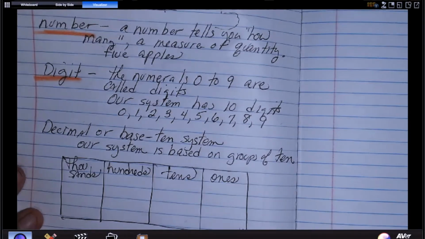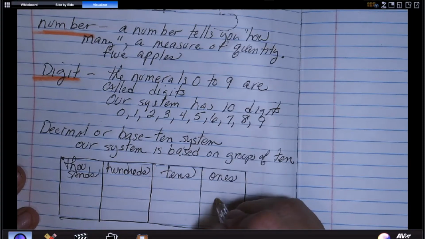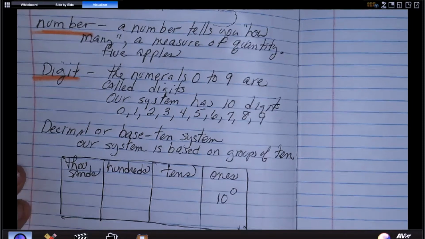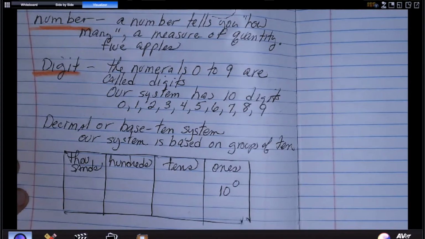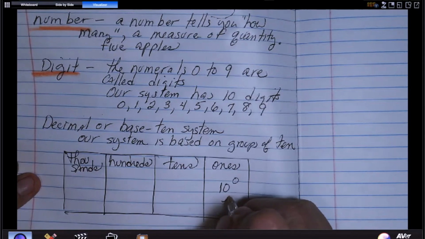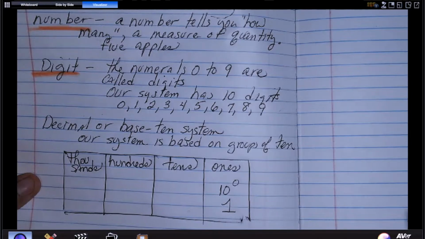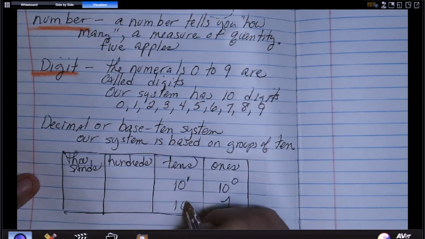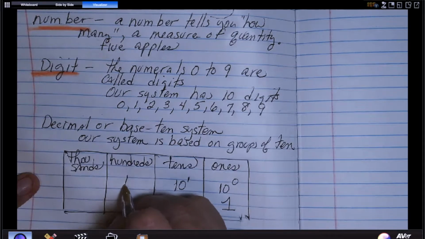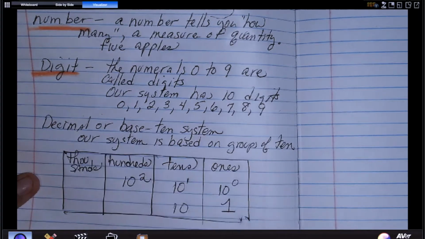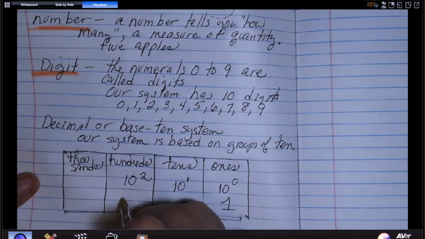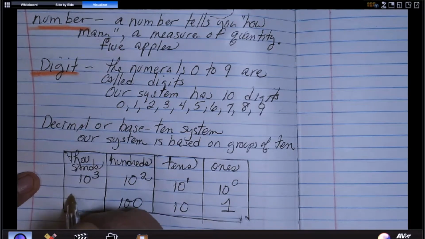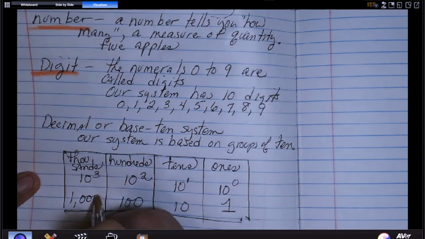So if we're looking at base 10, we know that 10 to the 0 power is 1. We learned that in college algebra. We will not teach that to our elementary students. We just tell them 1. Then we have 10 to the first power, which is 10. We have 10 to the second power, which is 10 times 10, or 100. And then 10 to the third power, which is 1,000.